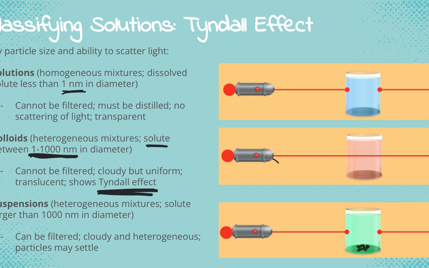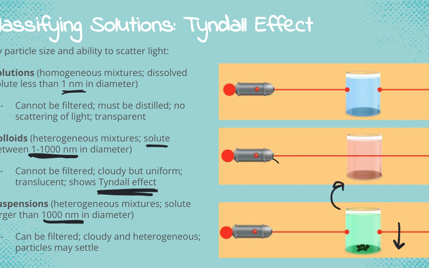A suspension has particles that are larger than 1,000 nanometers in diameter, and they do not show the Tyndall effect when it has settled over time. Whereas if I shake it, then it will show the Tyndall effect, like the example here.